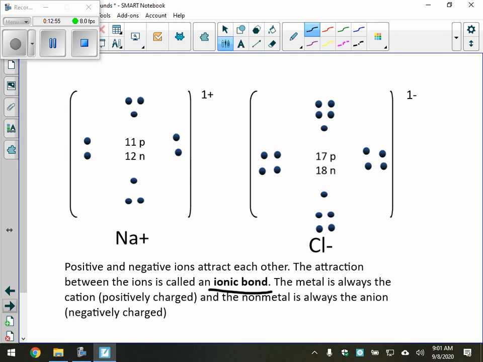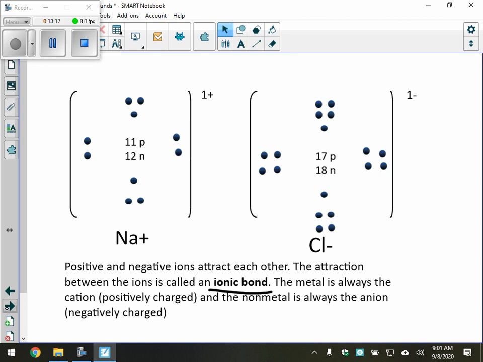So you write that in there. So the attraction of two ions to each other is called an ionic bond.